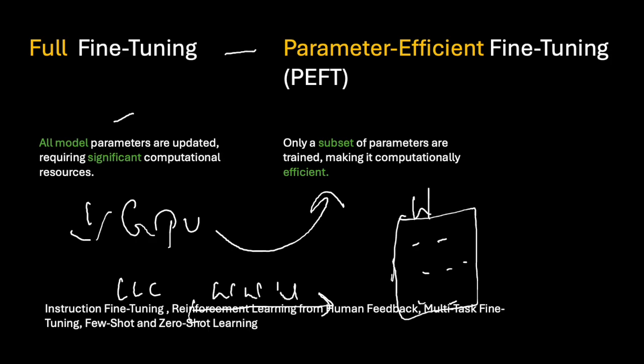This matrix has all the weights. In PEFT, instead of updating all of the weights, we take a small subset of the weights, W dash, and we update only this. So this is parameter-efficient fine-tuning. By definition, only a subset of parameters are trained, making it computationally efficient.